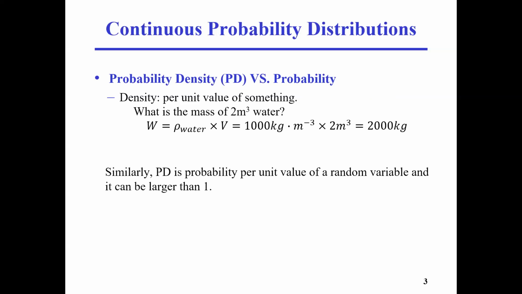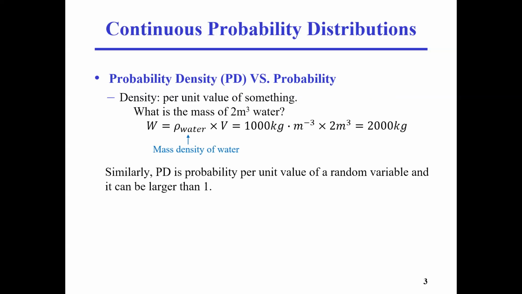They are different. And PDF is the function for probability density instead of probability. The difference between PDF and probability is very important. Do not confuse them, do not mix them.